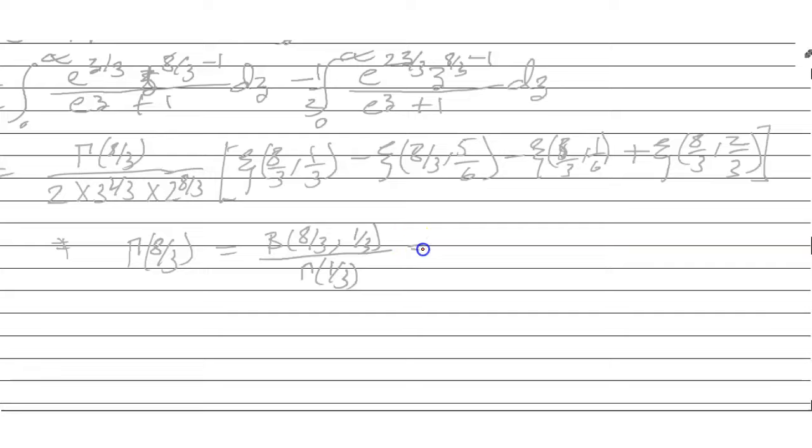Beta 8 by 3 can be written as pi by root 3 into gamma 1 by 3. So whatever we get for gamma 8 by 3.